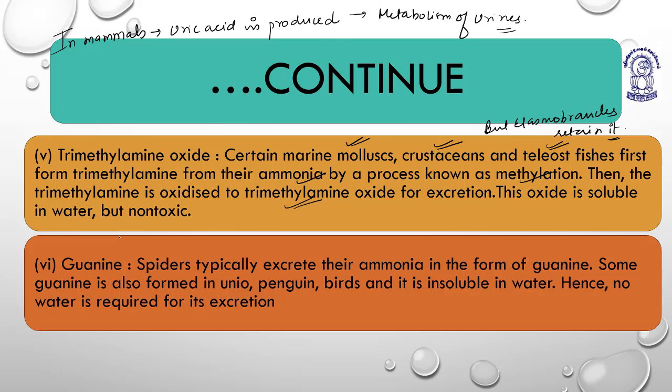Guanine. Spiders typically excrete their ammonia in the form of guanine. Some guanine is also found in unio and penguin birds, and it is insoluble in water. Hence, no water is required for its excretion. So guanine comes from purine metabolism.